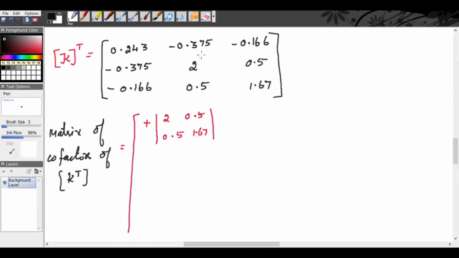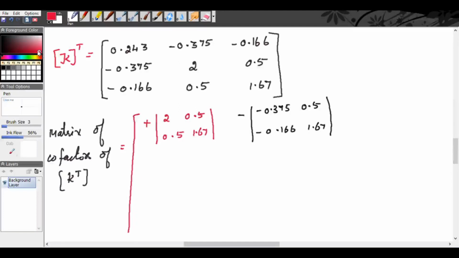Now cofactor of the second value, that is cofactor of minus 0.375. So first we have taken positive, for the next the cofactor value, the sign will be minus. So minus of determinant of these 4 values, that is minus 0.375, 0.5, minus 0.166 and 1.67. So you get determinant of minus 0.375, 0.5, minus 0.166 and 1.67.